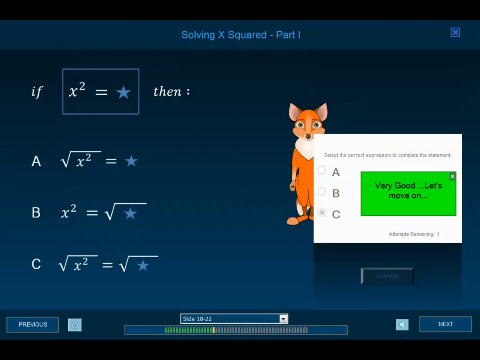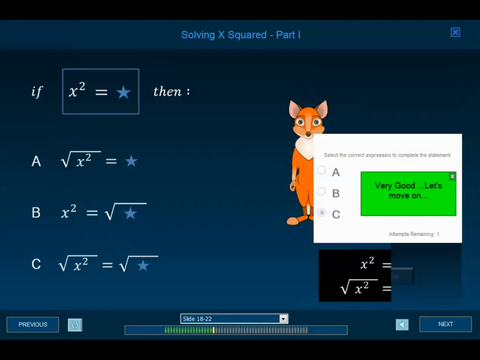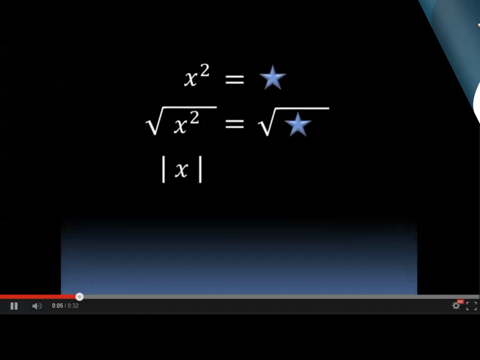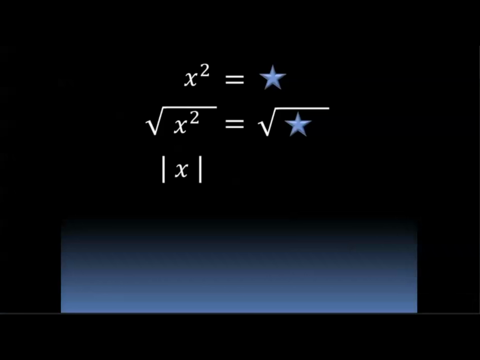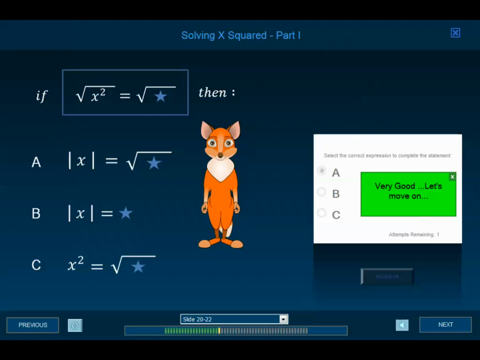Very nice. If x squared is equal to star, then the square root of x squared is equal to the square root of star. The absolute value of x is equal to the square root of the star expression. Good.